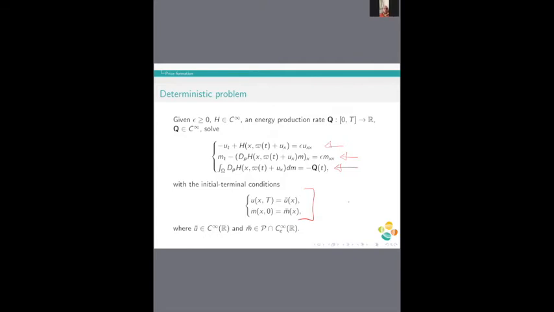So you are given a deterministic supply, you want to find u, you want to find m, you want to find the price, in such a way that there is a terminal value and there is an initial distribution of agents.